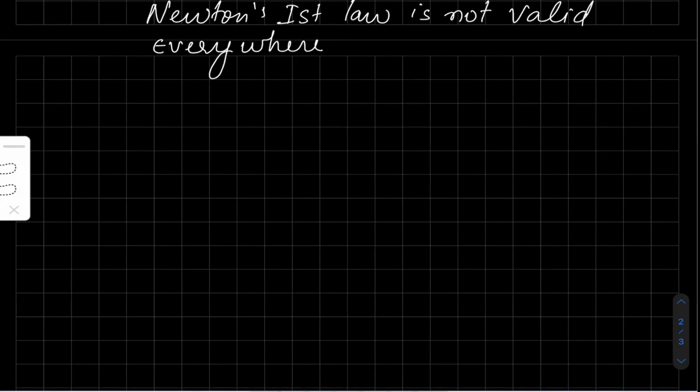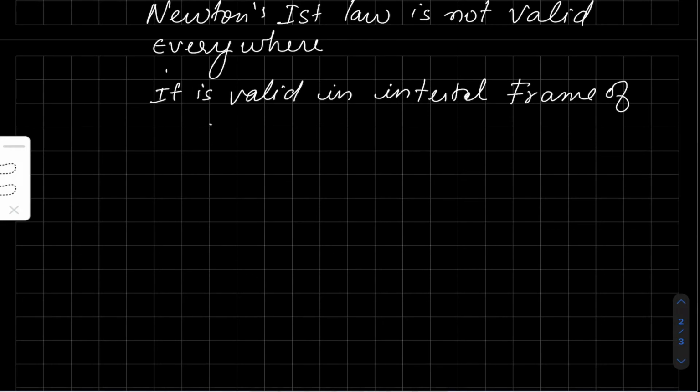It is valid in an inertial frame of reference, and it is not valid in a non-inertial frame of reference. We will talk later about what inertial and non-inertial frames of reference are.